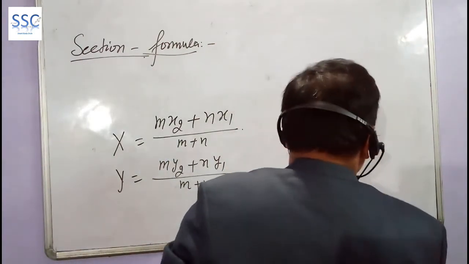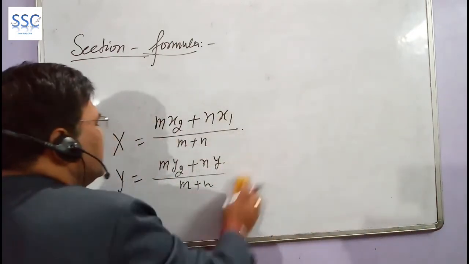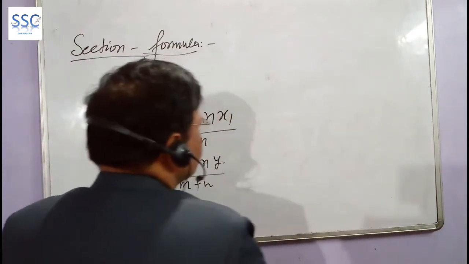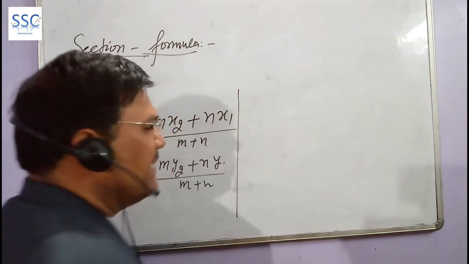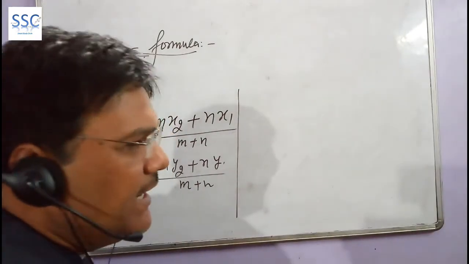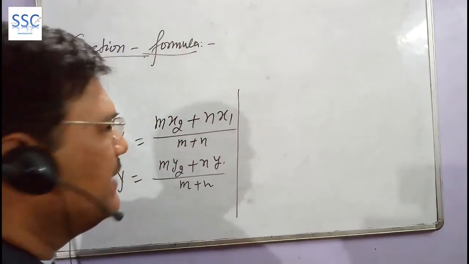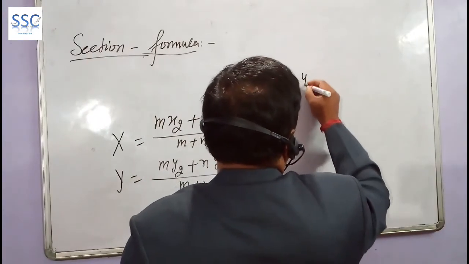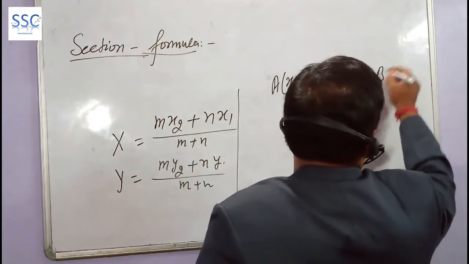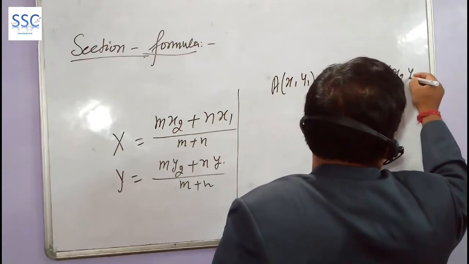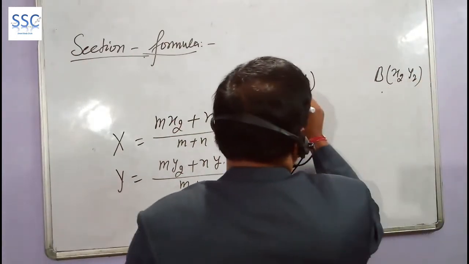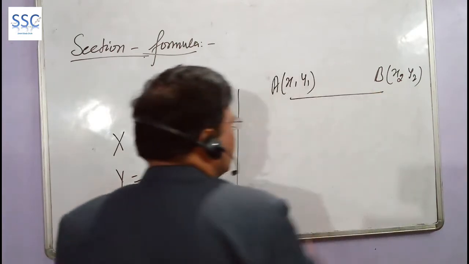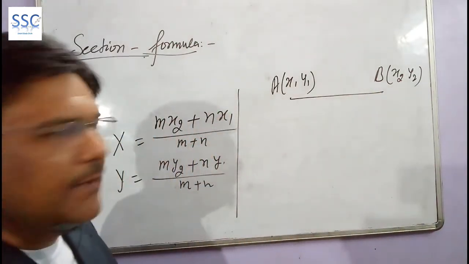Now, we have two formulas: the first one is the distance formula and the second one is the section formula. Suppose P(x, y) here is the midpoint. We have points A (x1, y1) and B (x2, y2). We want to find the midpoint of AB.